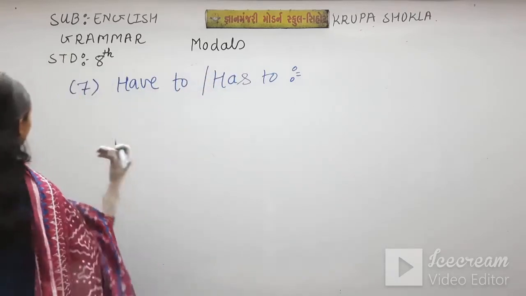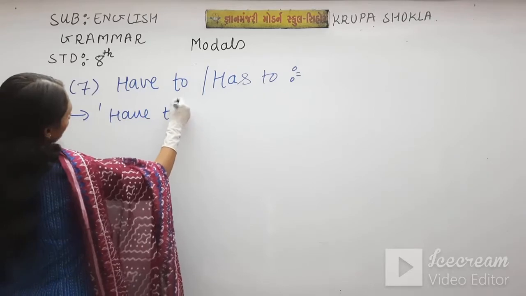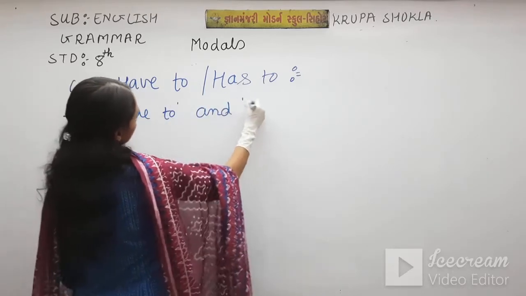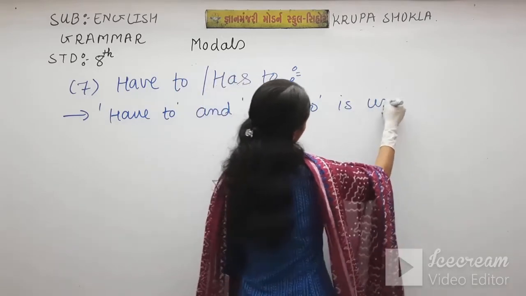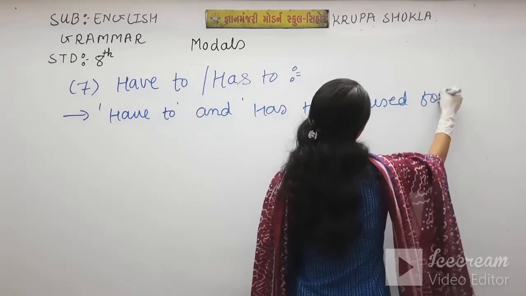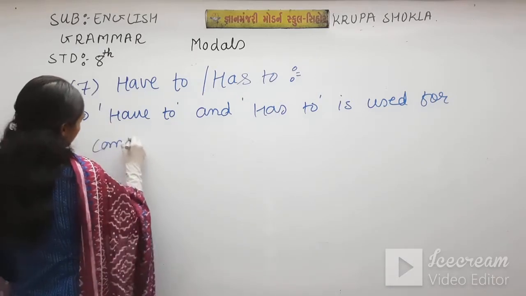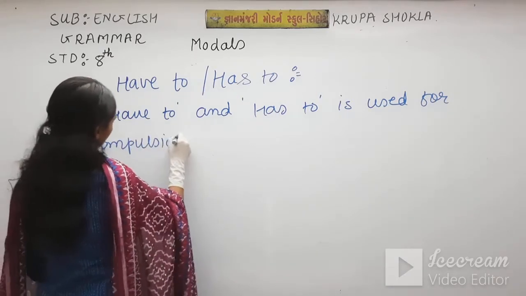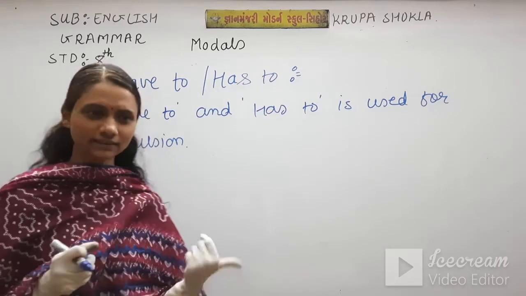Let's see this. Have to and has to are used for compulsion. Which kind of compulsion can we use it in?